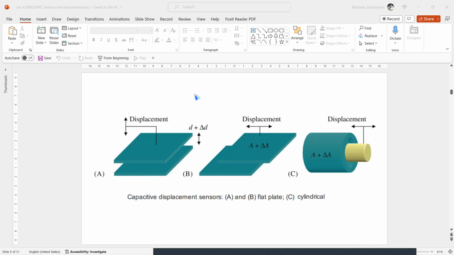Other shapes are also used as displacement sensors, for instance the cylindrical one on figure C, on the right side of this slide. When using the approximated expression, an error is made due to the stray field or fringes at the edges of the plate. The practical implication of this error is a nonlinear relationship between displacement and capacitance.